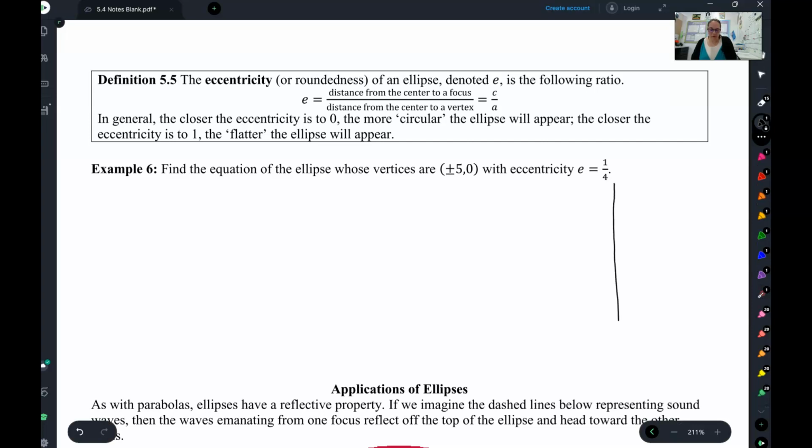So let's start by graphing what we know. I know my vertices are at plus or minus 5, which does tell me a lot of information. So let's list our 6 things.